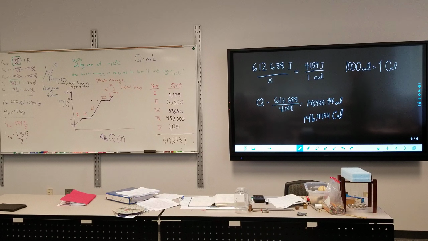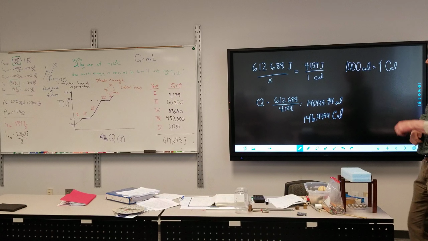It'd be very difficult for me to get that cube higher than my body temperature, which is about 35 degrees Celsius. So I could get it up to 35 degrees Celsius, but that's probably about as far as I could go.